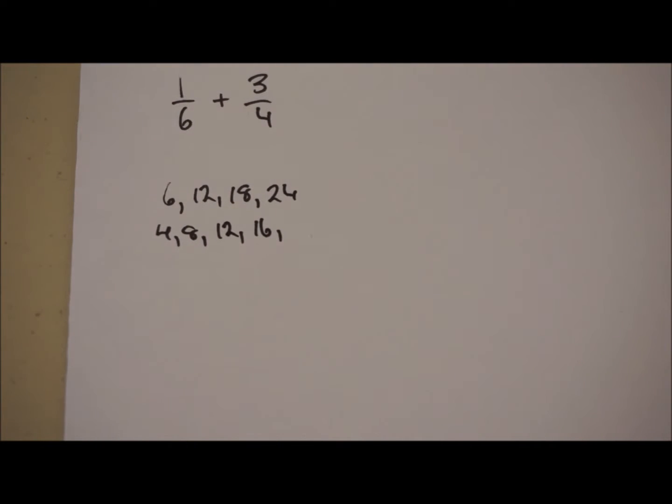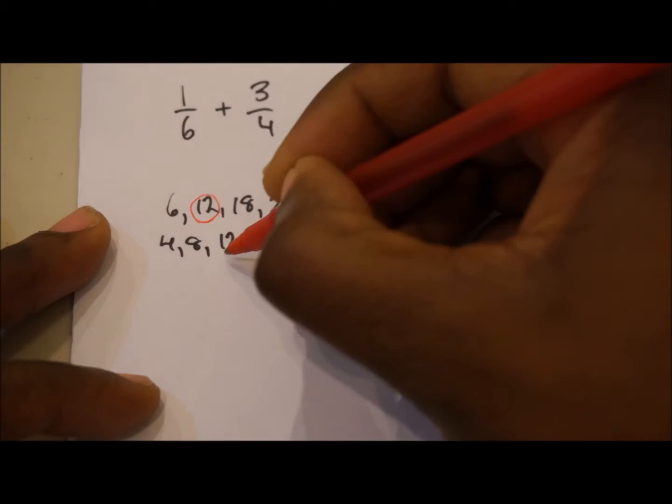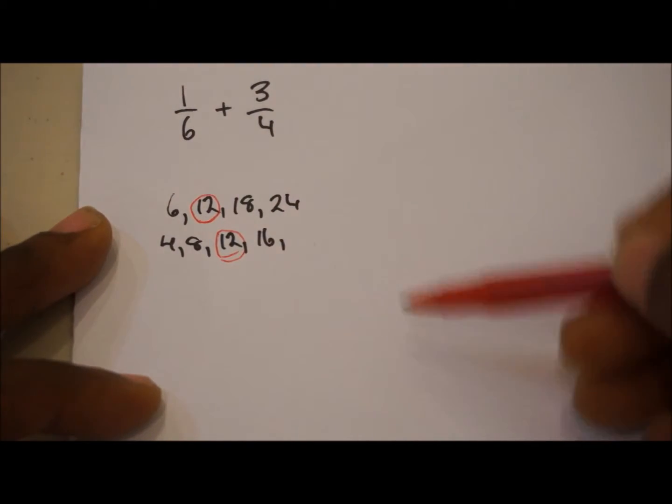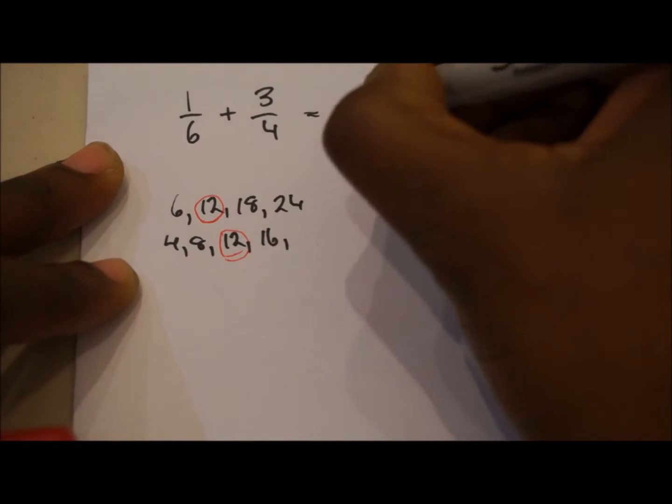The first number I recognize that is common to my two lists is what I'm going to use for my denominator. Notice there's a 12, the first number that is common to both of these lists. So my denominator is supposed to be 12. So I'm going to change each of my fractions to something over 12.